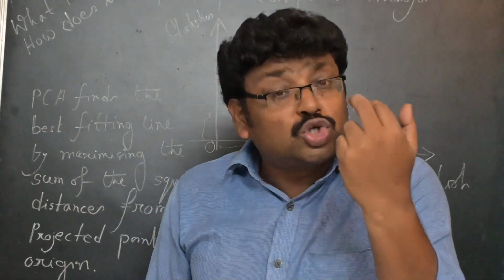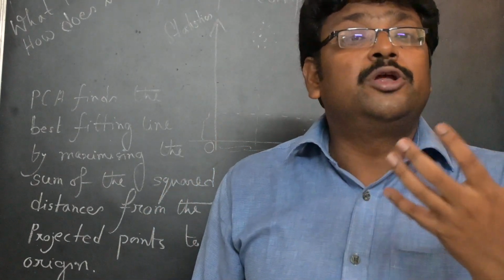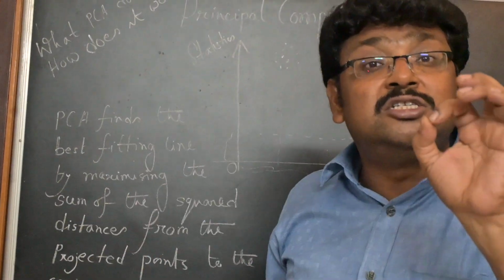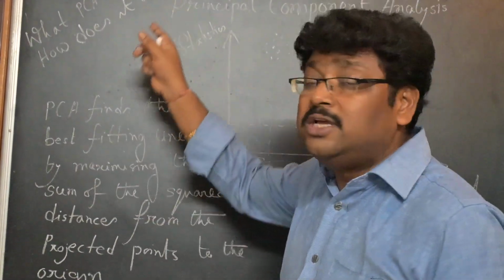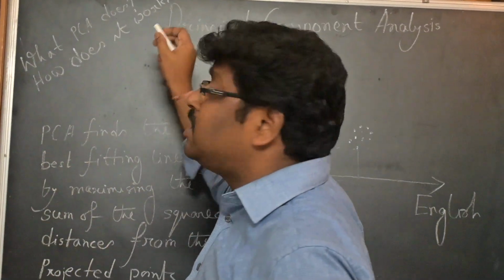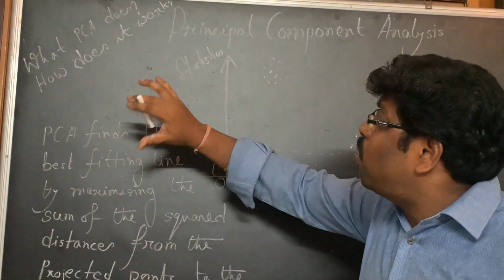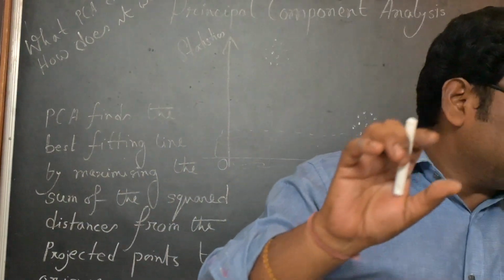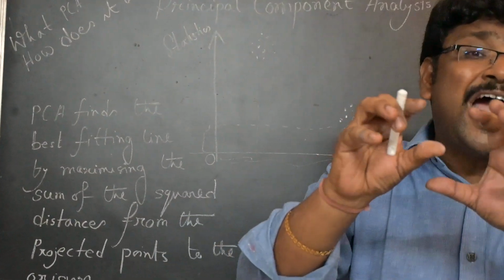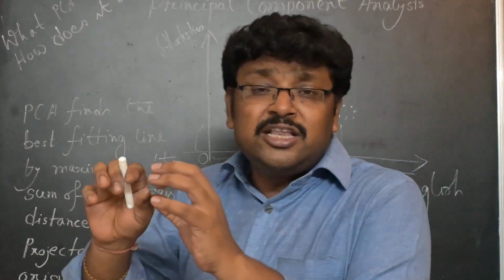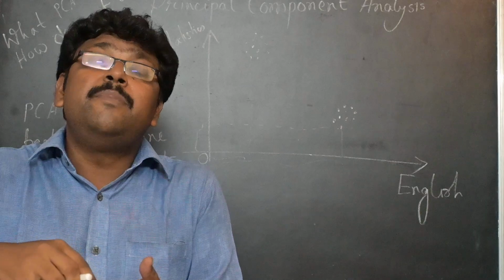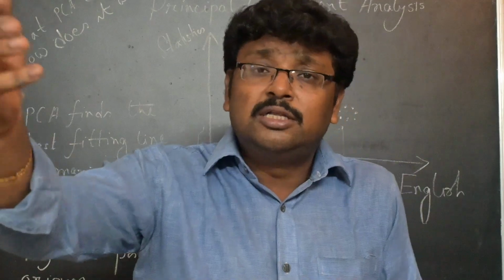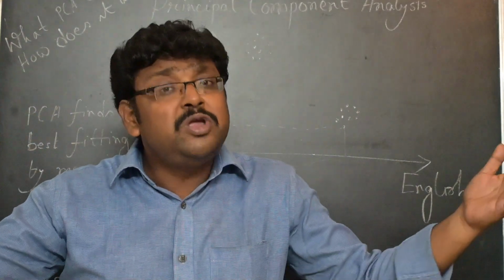There are two questions in this principal component analysis. One is what principal component analysis does and how does it work. So, what does the principal component analysis do? Actually, for clustering the data, which variable, there may be more than two variables, there may be 10 variables, there may be 8 variables, there may be 15 variables.